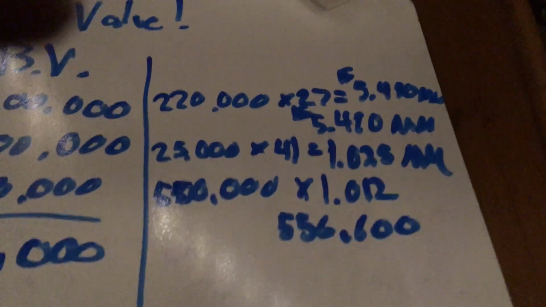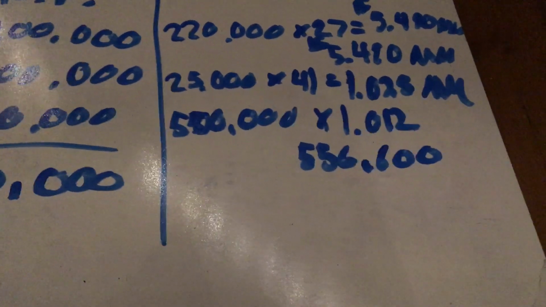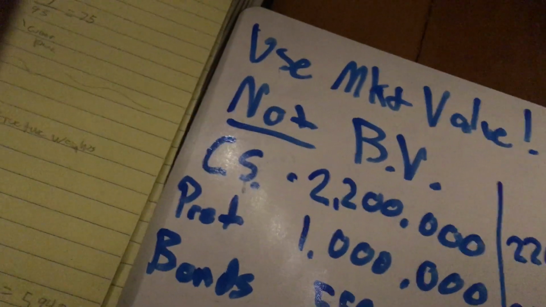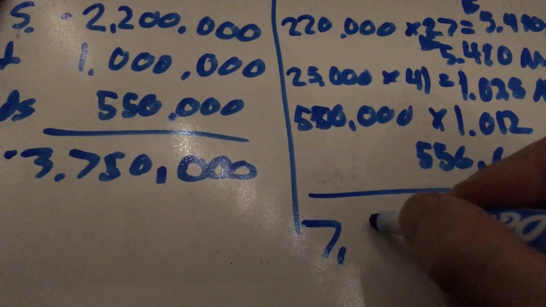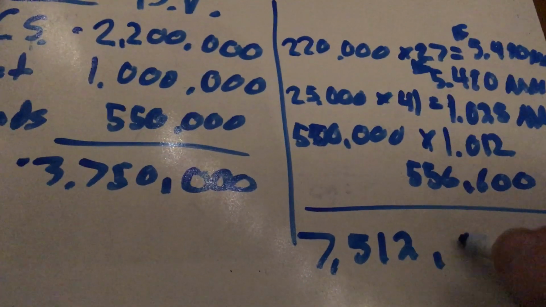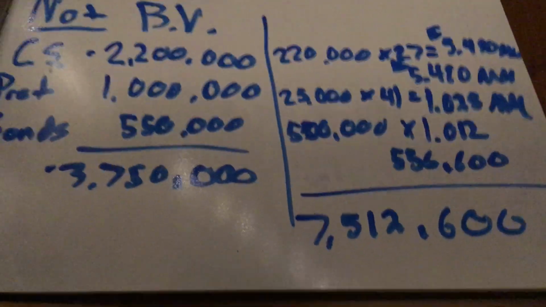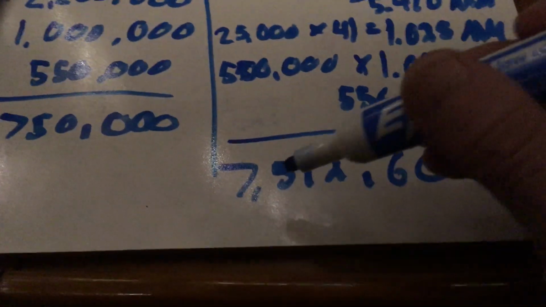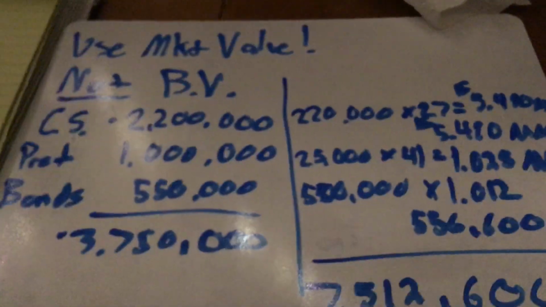This one is selling at a premium of 1.012 to get 556,600. And you add those all together, you should get 7,512,600. So from there, you can divide these market values by the total market valuation of all three to get your percentages. And I'll show you what that looks like next.